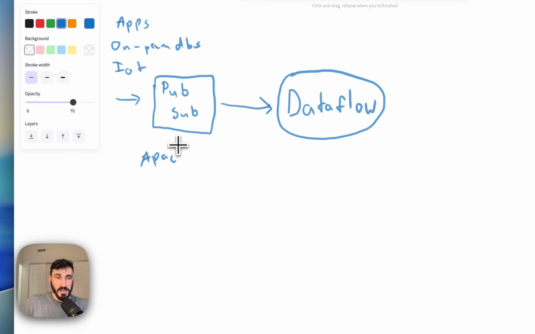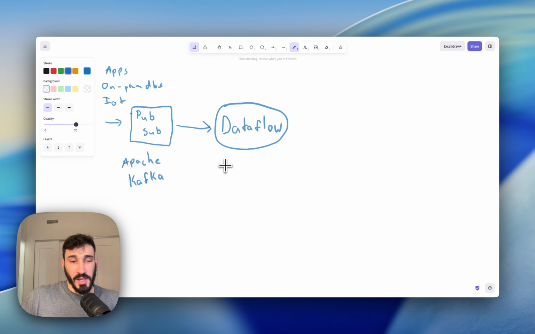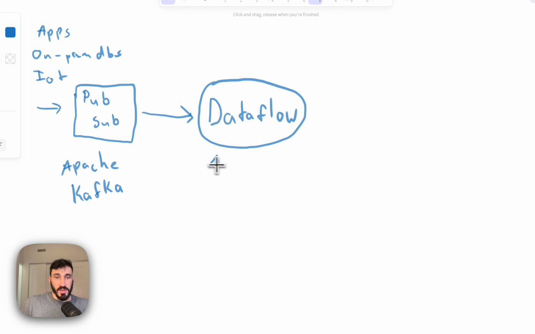So these Apache tools are the open source big data tools that were developed as big data was becoming a thing. And because they became so popular, it became valuable for companies to also have, from these cloud platforms, managed versions of them where they didn't have to worry about scaling and managing the infrastructure. So with Dataflow, we've got a managed version of Apache Beam.